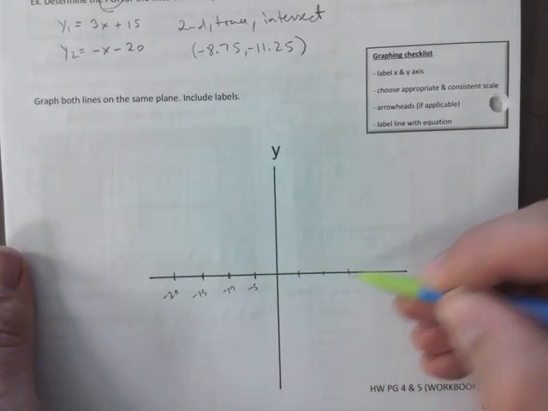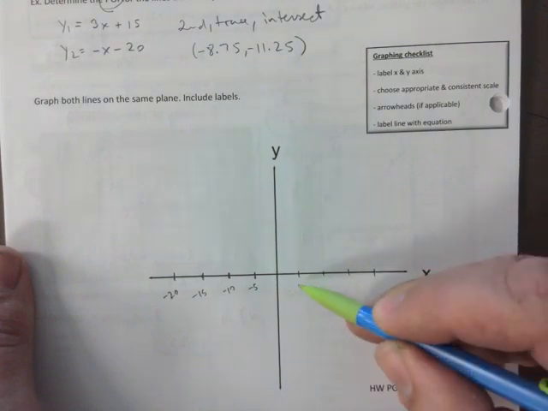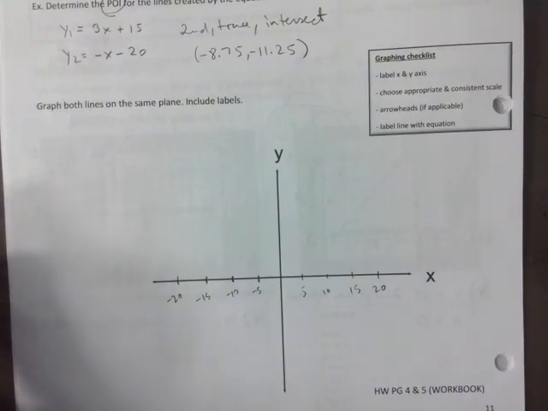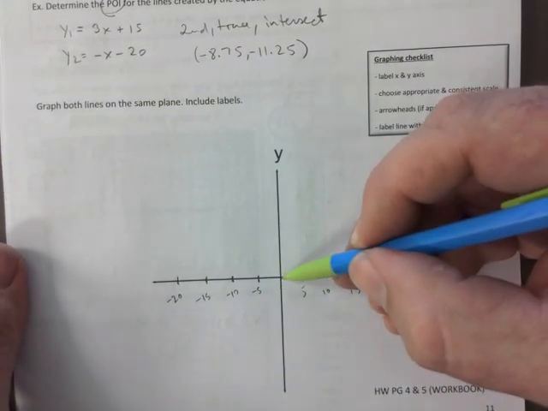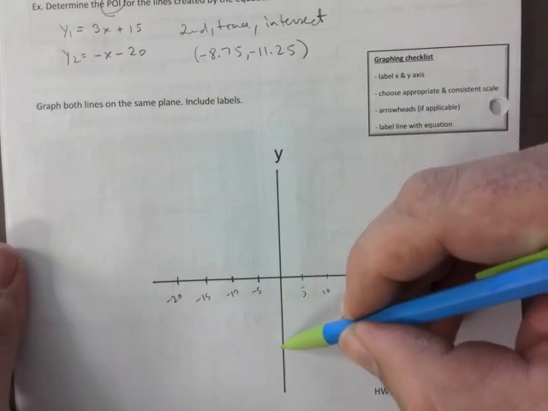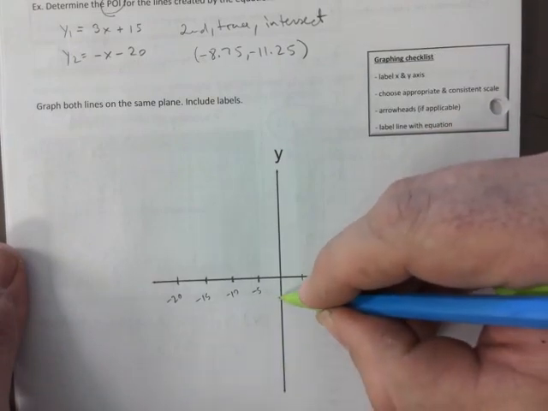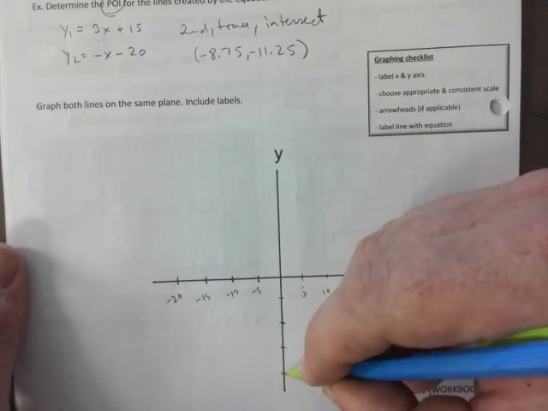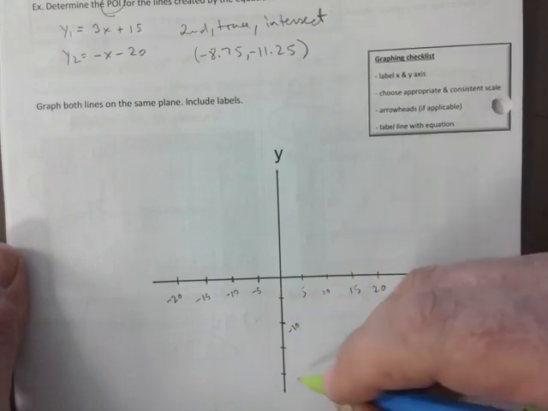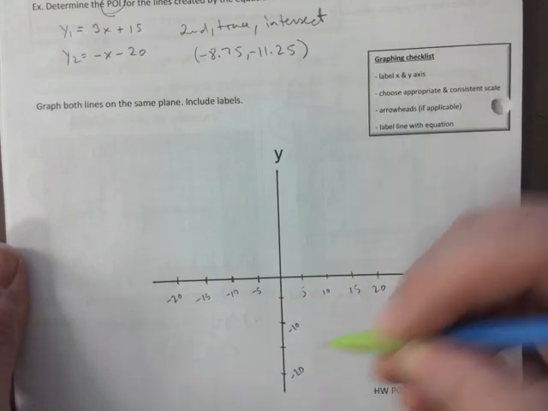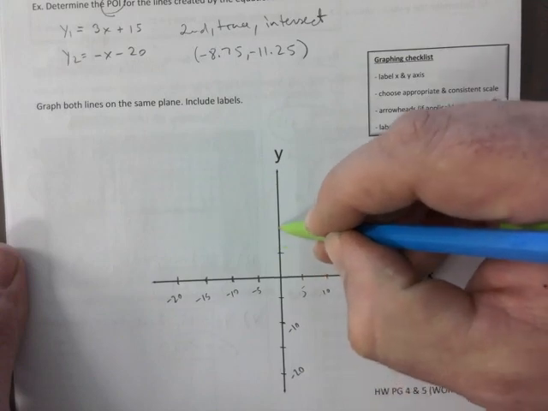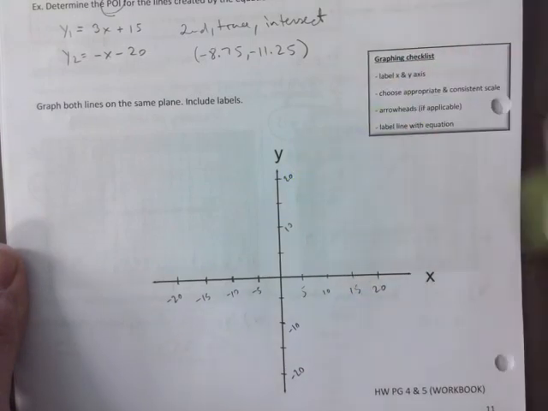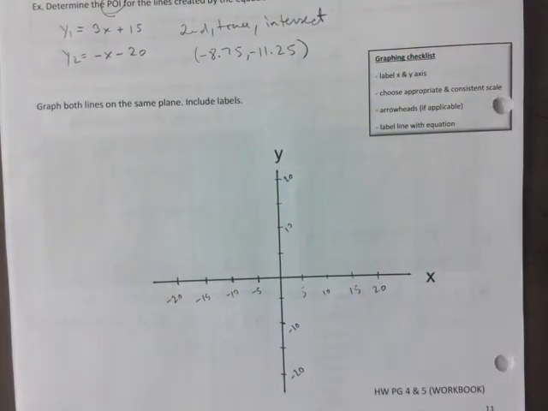You can't change that for x. Okay? So it'll be 5, 10, 15, 20. And I also need to make sure I get negative 15 down here. 5, 10, negative 15, negative 20. Try to be as equally spaced out as possible. 5, 10, 15, 20. I'm using the same scale on both.